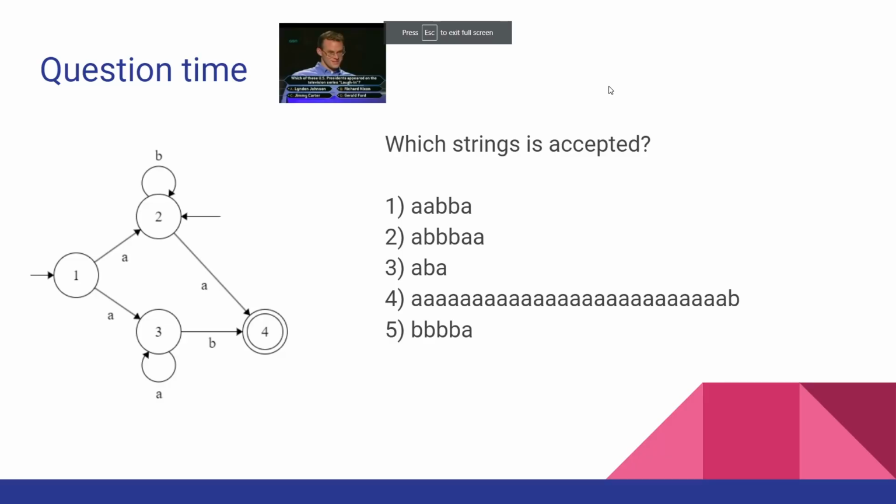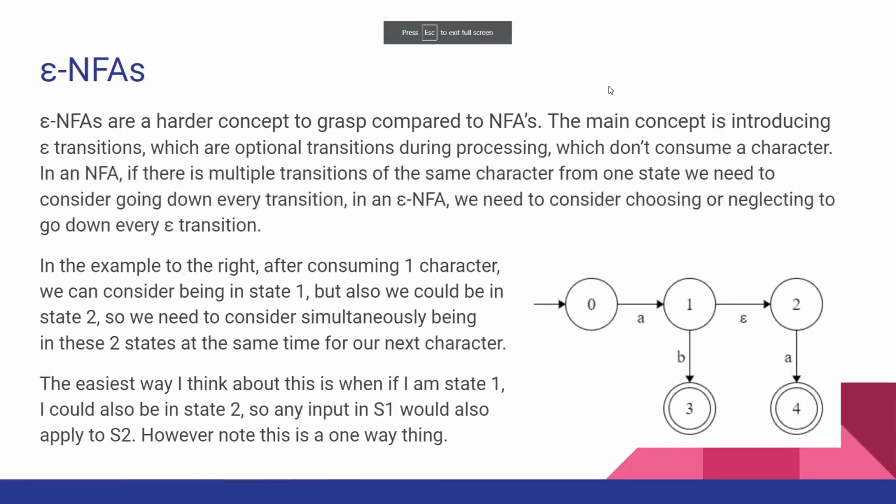I think now we're going on to epsilon NFAs. So I think epsilon NFAs are a harder concept to grasp compared to just normal NFAs. And the main concept is introducing epsilon transitions, which are optional transitions during processing, which don't consume a character.